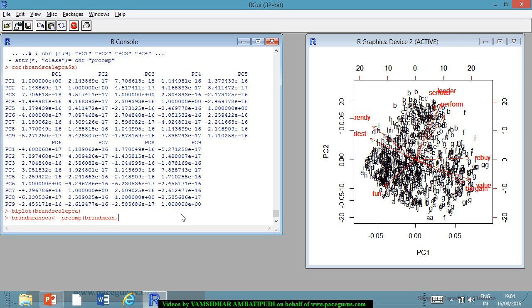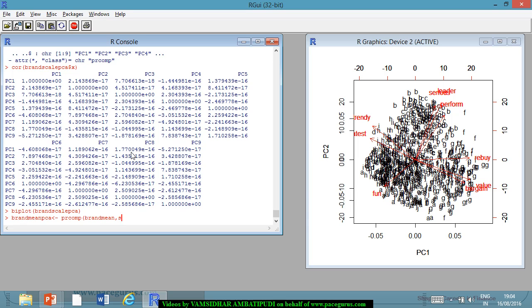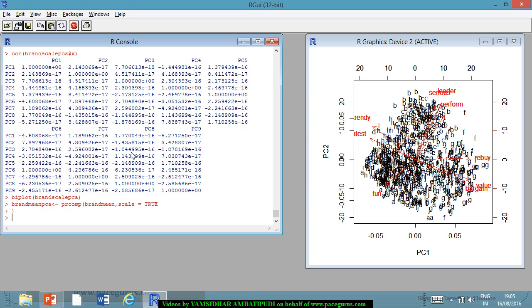It's better that I rescale them. When I am using prcomp, I can set scale equal to true. By setting scale equal to true, a rescaling is typically happening. So I am able to rescale it now.